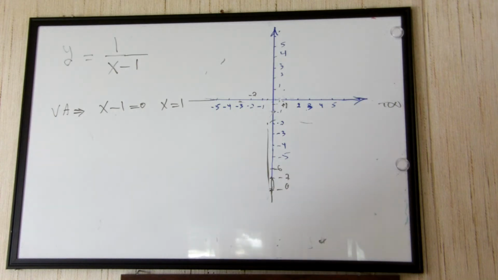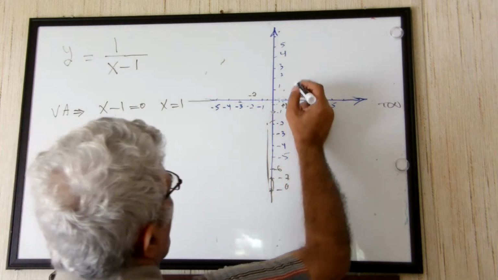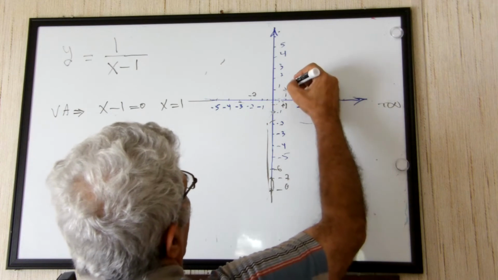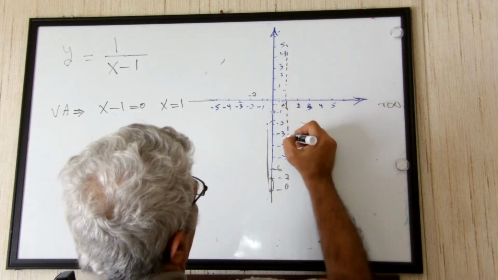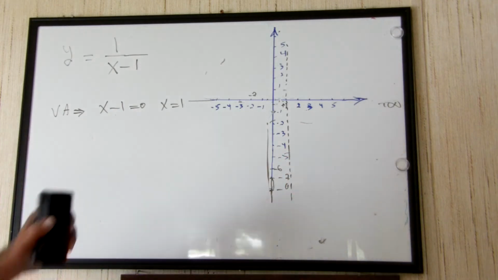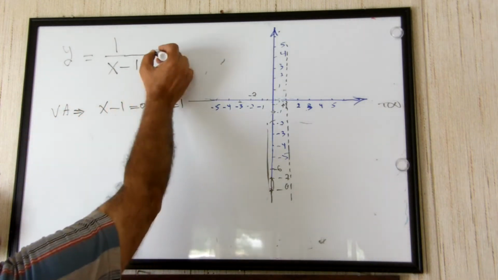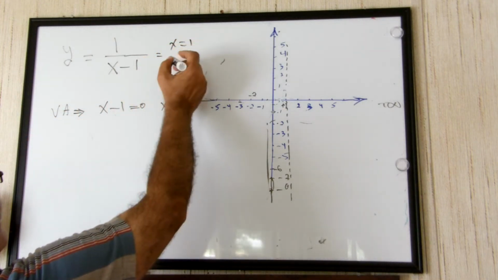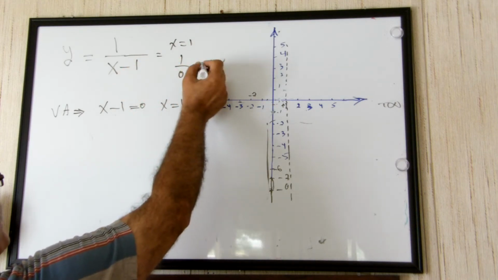So let's see, there's going to be a vertical asymptote at x is equal to 1. We got a vertical asymptote. It means if in this equation we put x equal to 1, it's going to be 1 over 1 minus 1, which is 1 over 0, going to infinity.